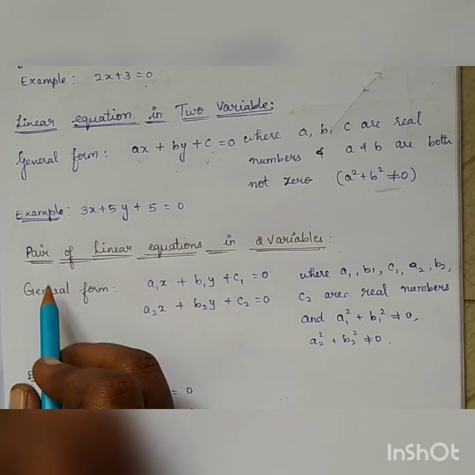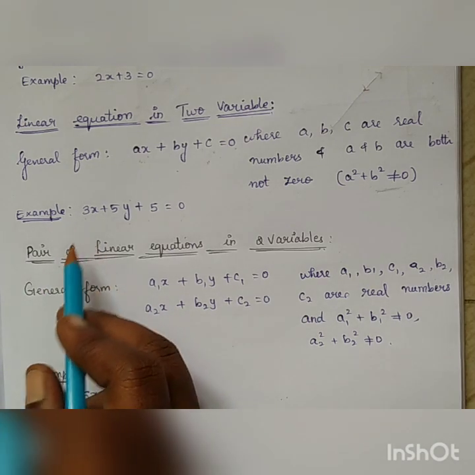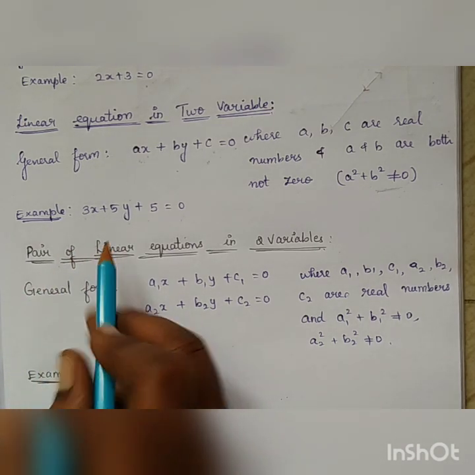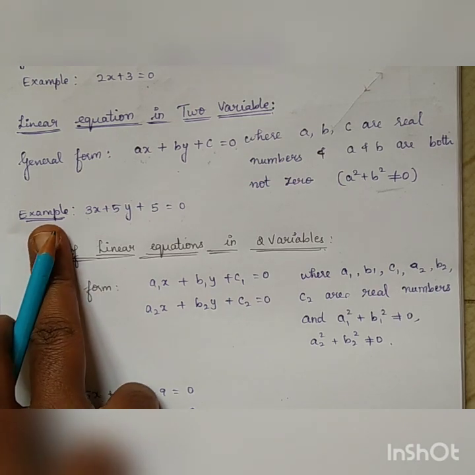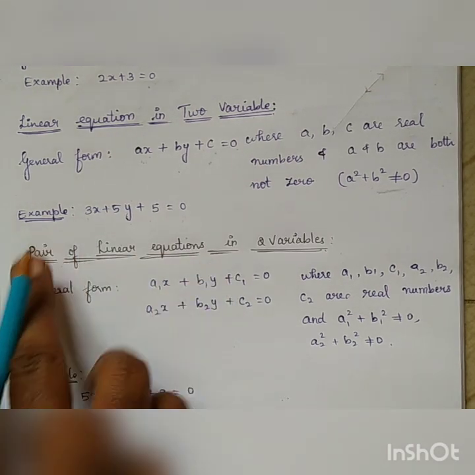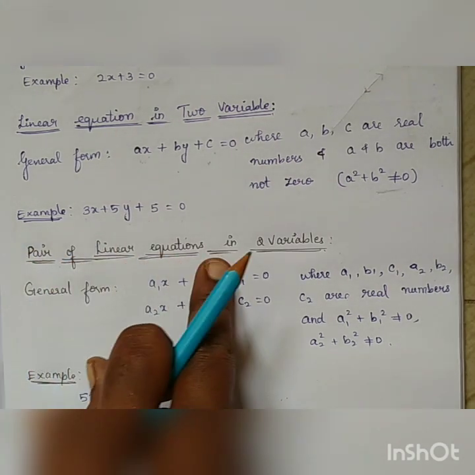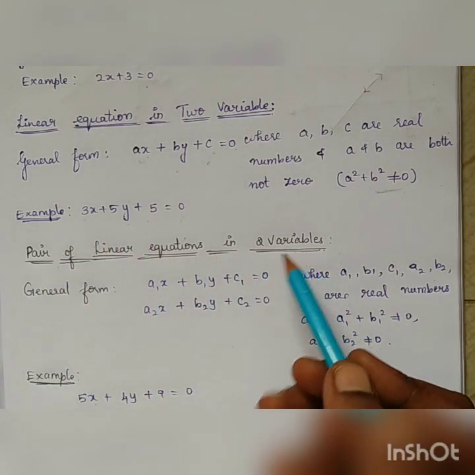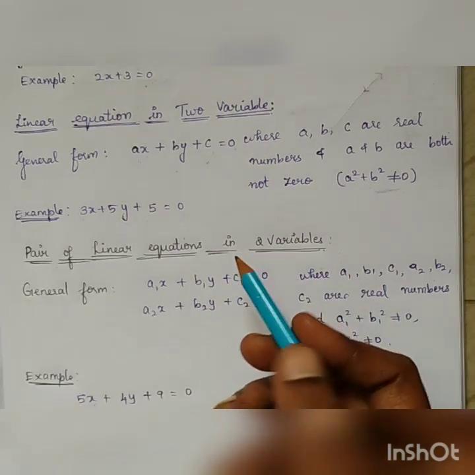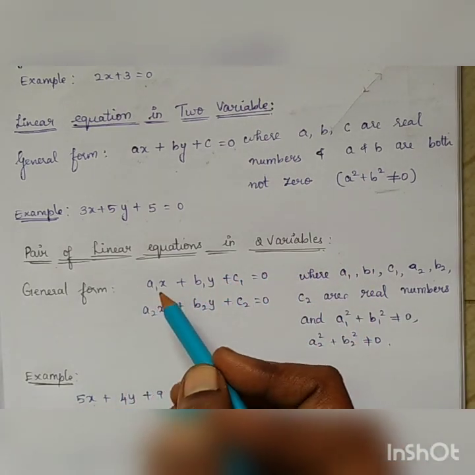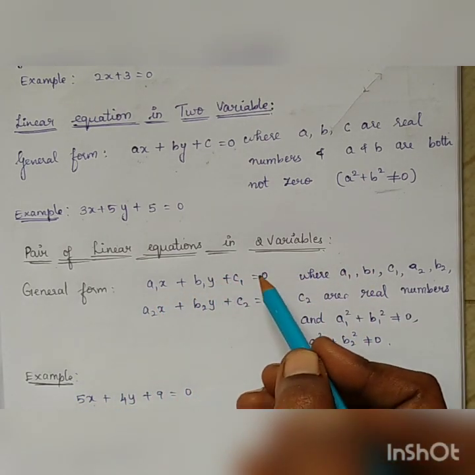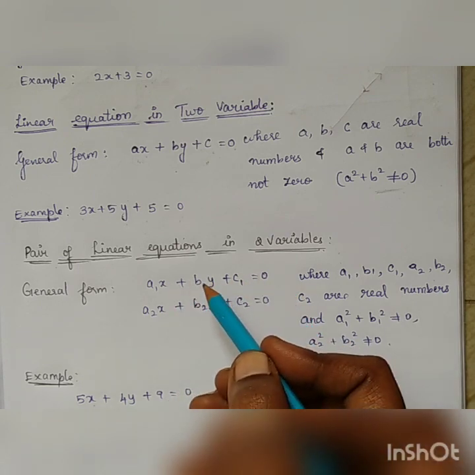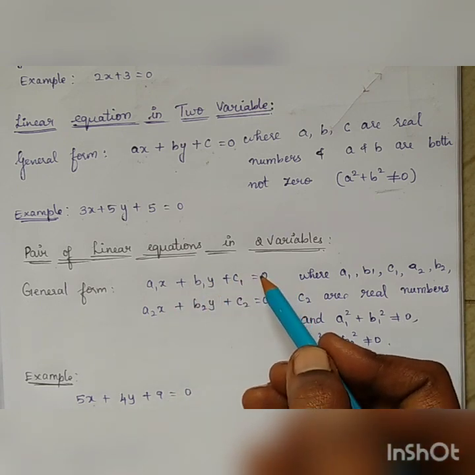Now pair of linear equations. Our topic is pair of linear equations. Before that we have studied only this much, linear equation in two variables. Now I have a pair of linear equations. Pair means two. So we are going to take two equations here. Let us assume the general format of the linear equation is a1x plus b1y plus c1 equal to 0.